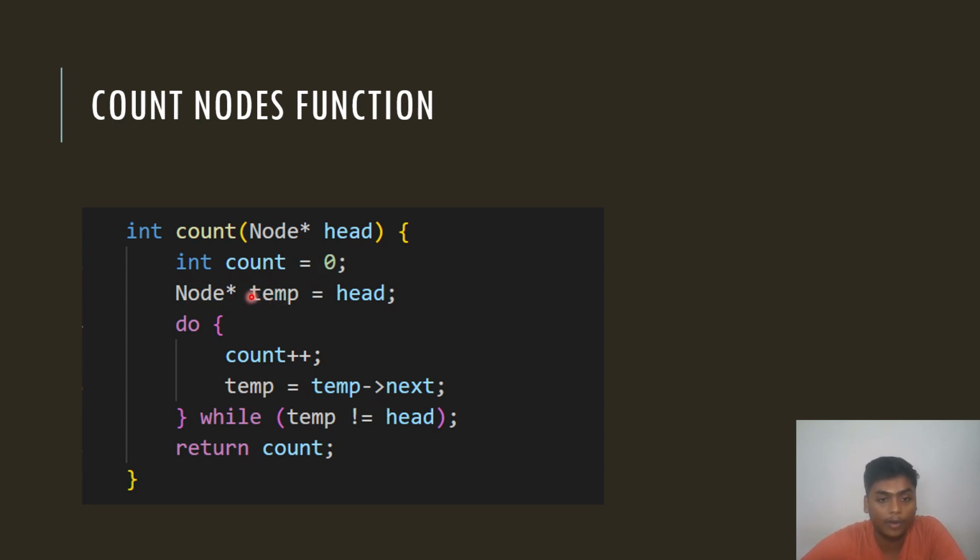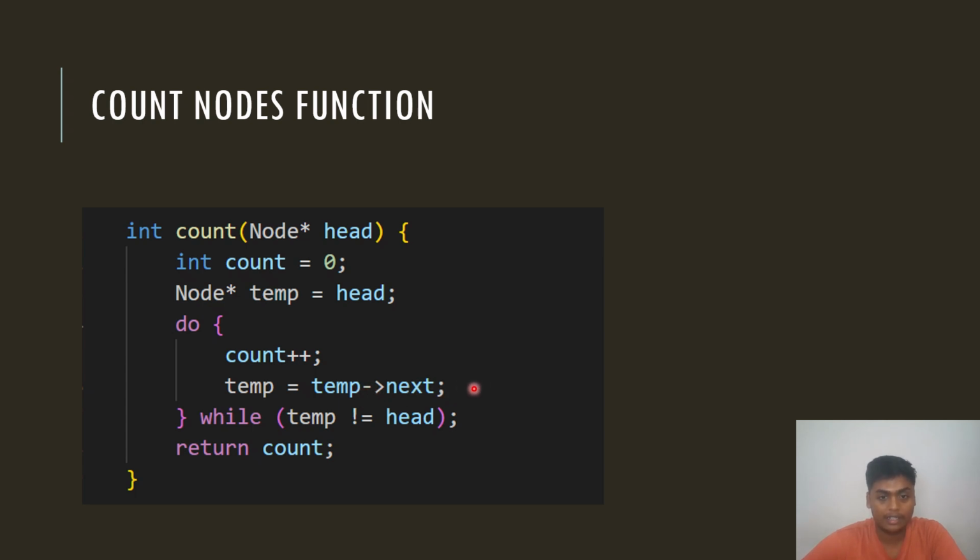We are going to create a temporary variable which will be pointing to the head, and a certain operation will be iterated using the do while loop, where the temp variable will be changed after each iteration to the next node.